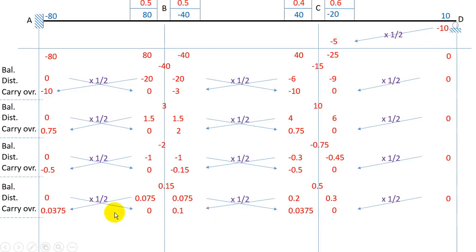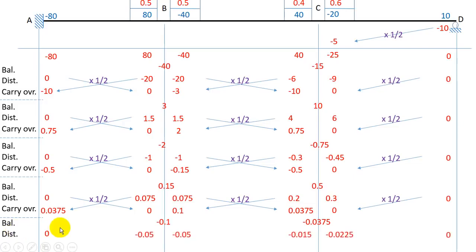We can end our iterations here, but there's one very important thing in the moment distribution method: you cannot end your iteration on the carryover step. I will have to do another iteration, and I have to always end it on the distribution step.